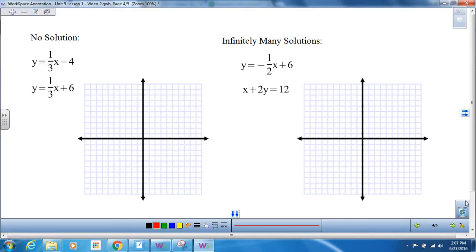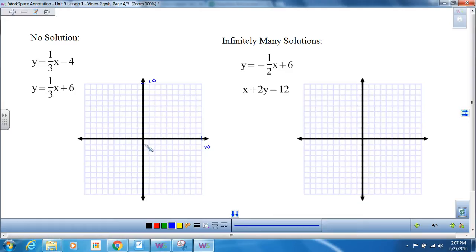Okay, we do need to consider no solution and infinitely many solutions. So in the last video on our steps, we talked about when we graphed, there would be no solution if the lines were parallel. Well, I can tell these lines are parallel because they have the same slope, but I'll graph them real quick.